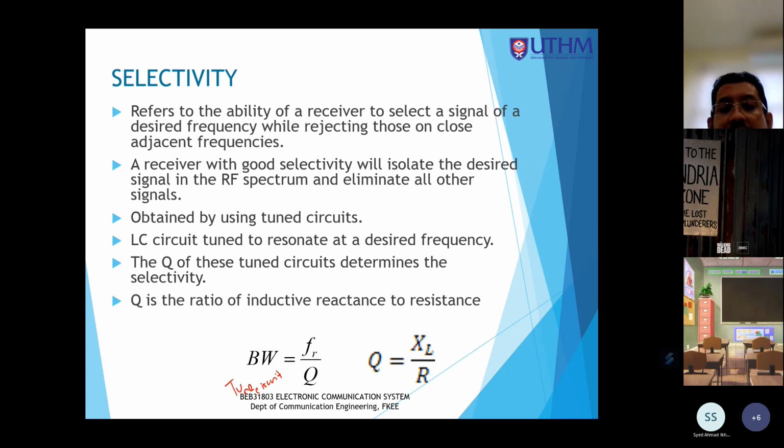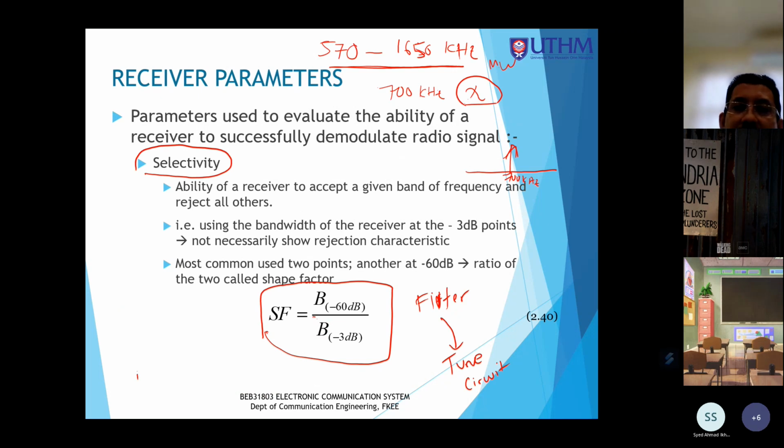So bandwidth of the tune circuit is equal to resonant frequency. Apa itu resonant frequency? Resonant frequency adalah frekuensi yang kita setkan. Macam tadi kalau saya nak dengar 700 kHz, so that means I will set the resonant frequency at 700.